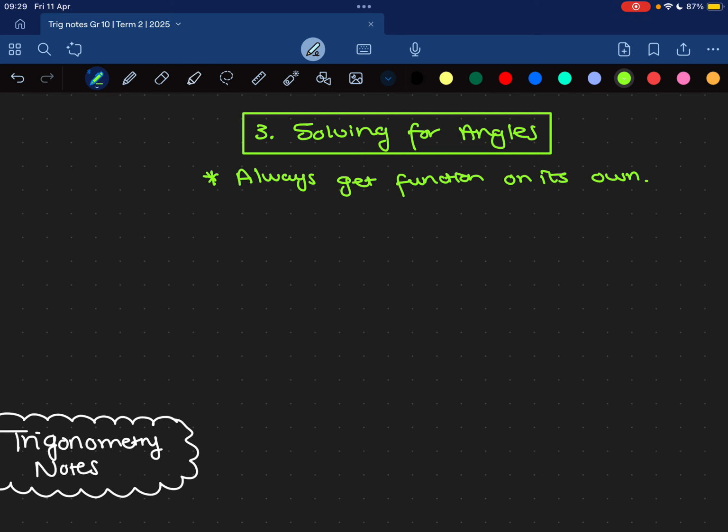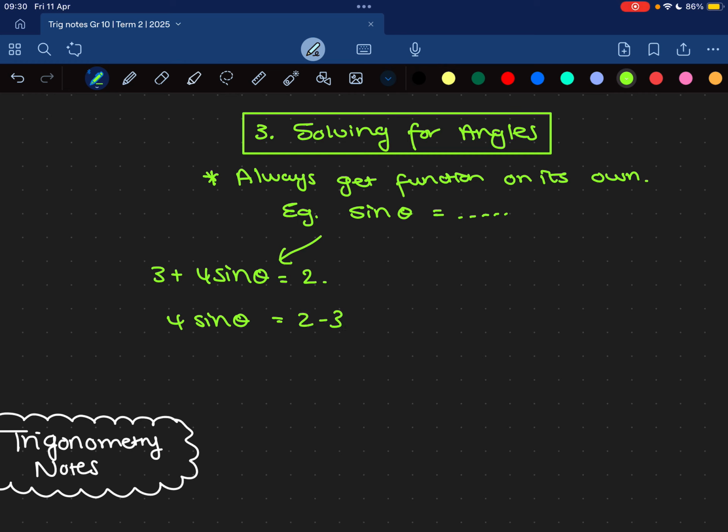Okay, so that means that we want the equation to look something like that. We don't want any 2 sine thetas or 2 plus sine of thetas. So if we had something like 3 plus 4 sine of theta is equal to 2, the first thing we would say is, well, 4 sine of theta would equal 2 minus 3 to get rid of it. And then we would say sine of theta is equal to negative 1 over 4.